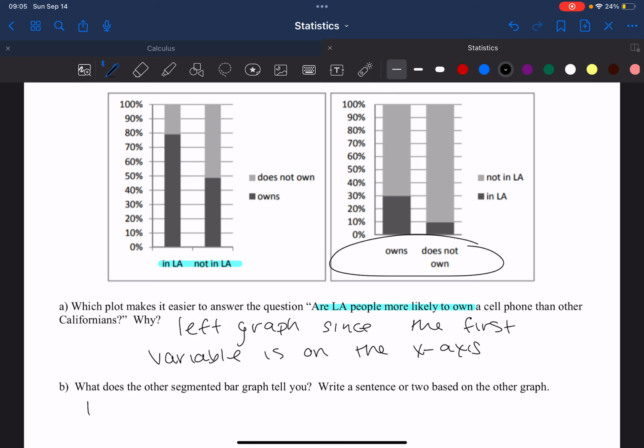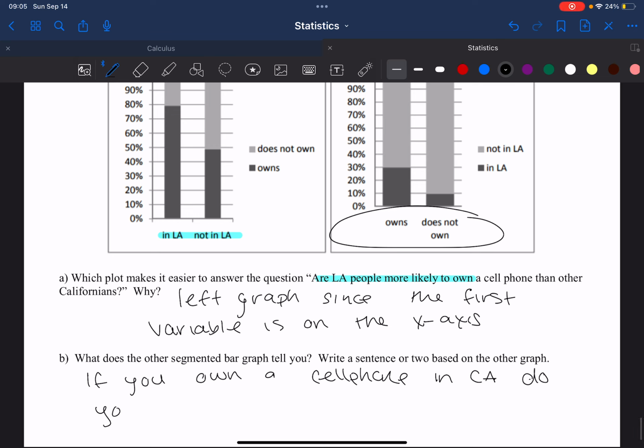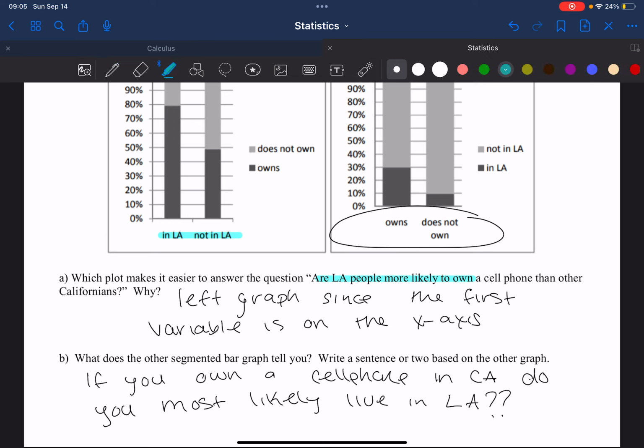So you would say if you own a cell phone in California, do you most likely live in LA. Okay, notice how we started off our question based off of what that first variable is on the x-axis.